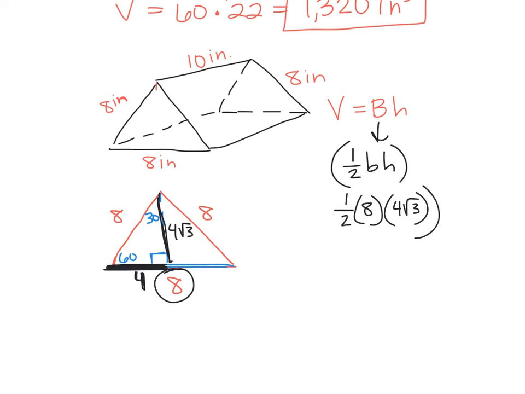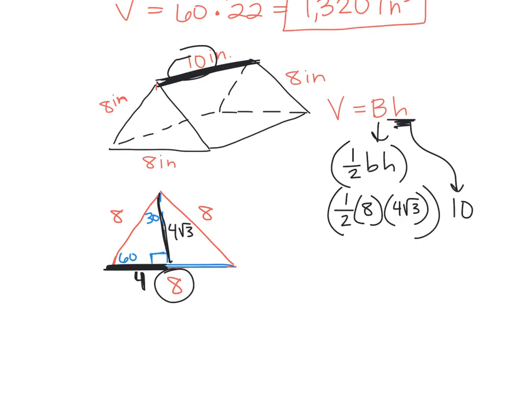Okay, so this right here is B. That's the base, that's the area of the base of your figure. What is H in our initial formula? This H. 10. It's the height of the figure, which is the distance between the two bases up here. That's the 10. So that's going to be your H.